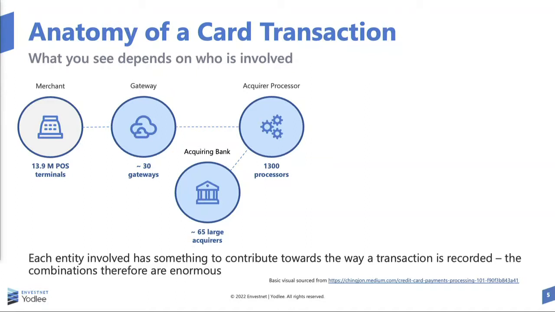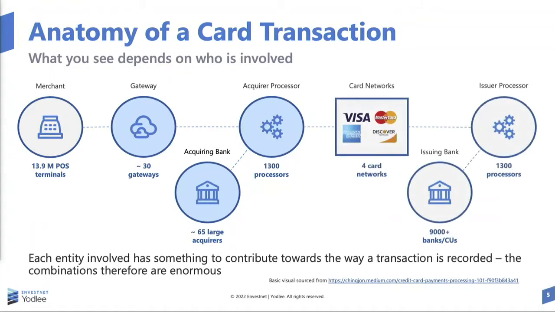So you have merchants, you have gateways, you have what we call acquiring banks. These are the banks who work with the merchants to onboard them onto this whole financial topology. Then there are what we call acquirer processors. Acquirer processors play a technical role, transmitting data back and forth between the gateways and the card networks.